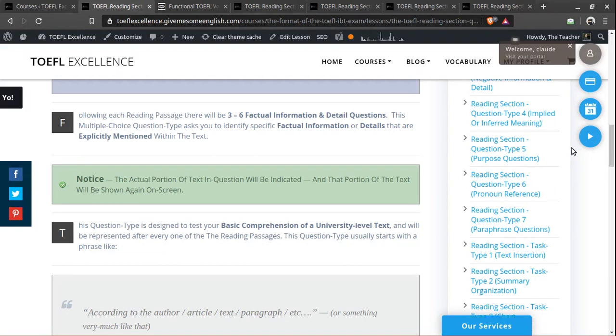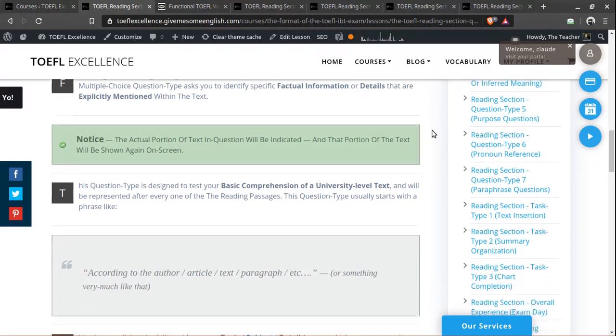But that's not really anything that we can control, so if you get the extended version of the exam, just take a deep breath and just follow the same strategies that you would if it was only 3 reading passages. So 3 reading passages for the normal version, 3 to 6 factual information and detail questions per reading passage.